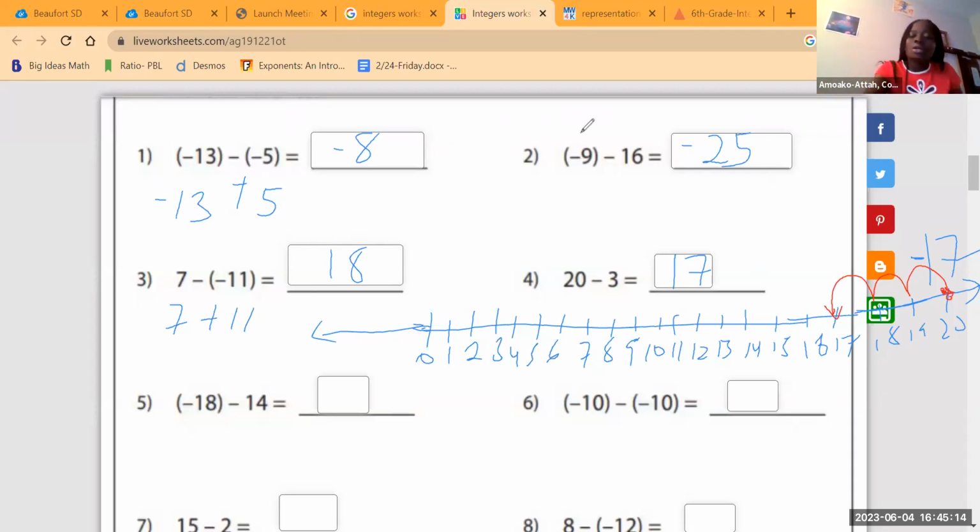Okay. Now we come to number 6. I will leave you here. That's number 6. -10 minus -10. So what did I say about when two negatives are meeting? It becomes what? Positive. So you're having -10 plus 10. I'm owing $10. I have $10 on me.